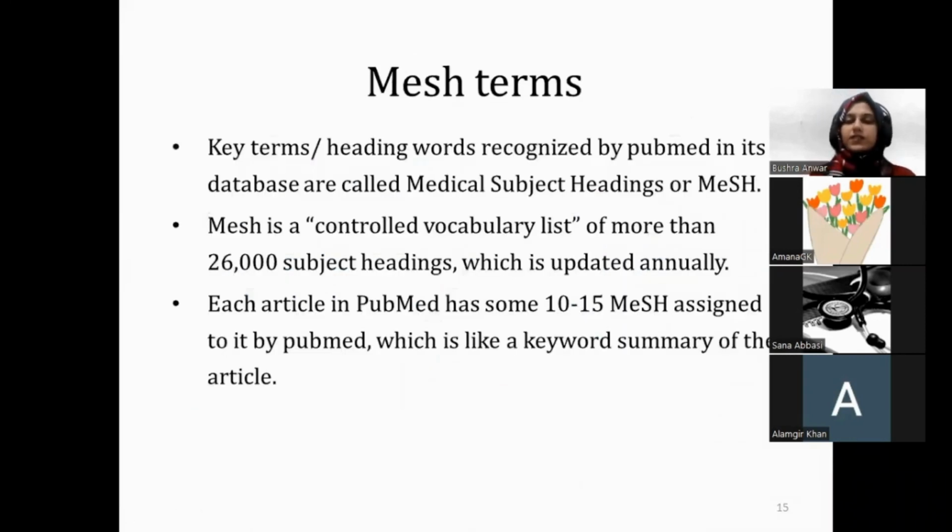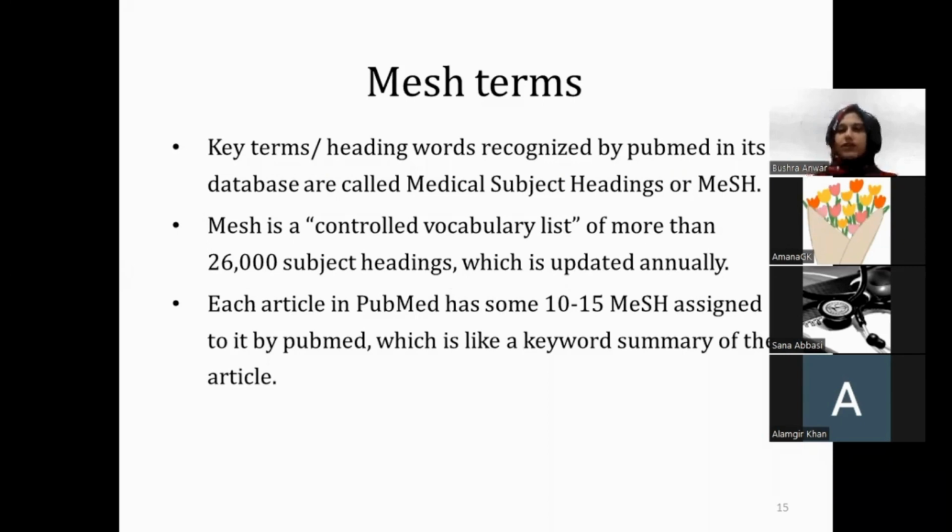MeSH terms are basically the heading words recognized by PubMed in its database, also called Medical Subject Headings. In every article, there are some keywords which are added by the researcher or the author, and there are some MeSH terms which are recognized by PubMed for every article.